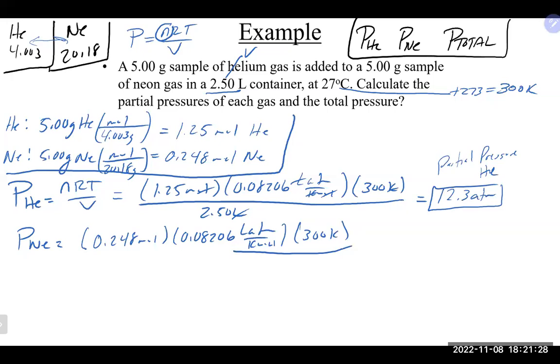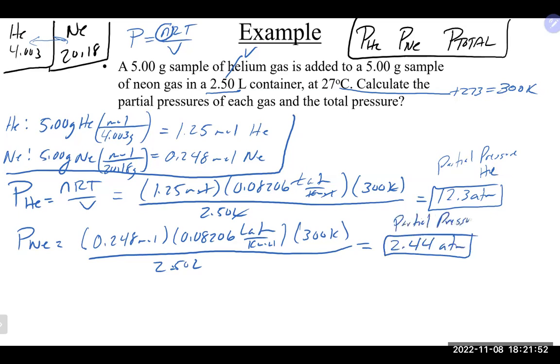That gets us 2.44 atmospheres. That would be considered the partial pressure of neon in this case. First off, any question on either of those calculations?